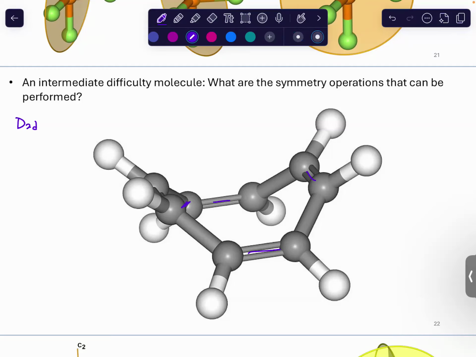And yes, we have a C2 right around the middle. There are 2 other C2s. Can you see them? C2, like perpendicular to that. Can you go both directions? Or is there 2 perpendicular to it? And so think about it. As you rotate, you want all of these atoms to kind of do a flip and end up right back where they are.